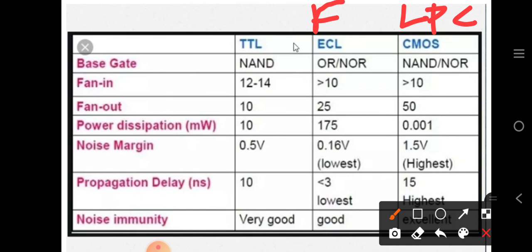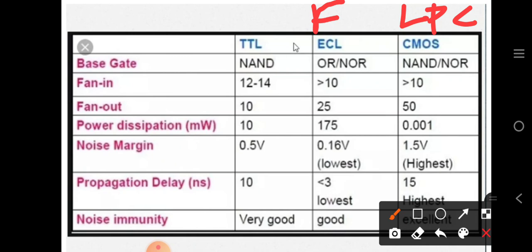Comparing them, the first point is the base gate. The base gate designed using TTL is the NAND gate. In ECL we can design OR gate as well as NOR gate. In CMOS, you can design NAND and NOR gate.